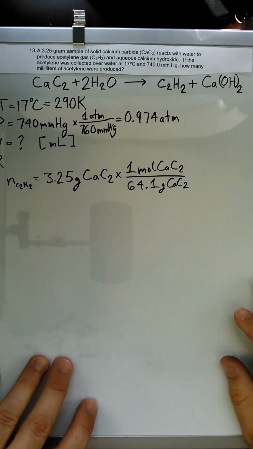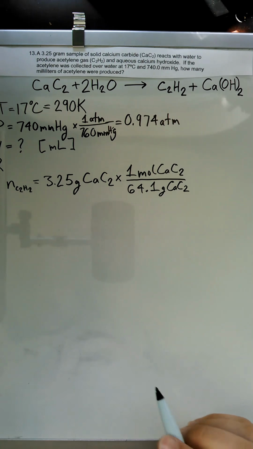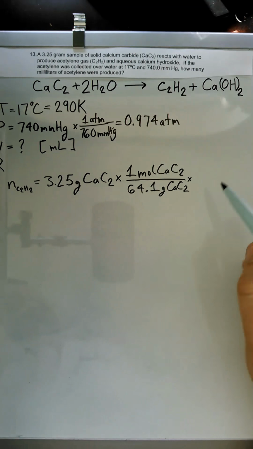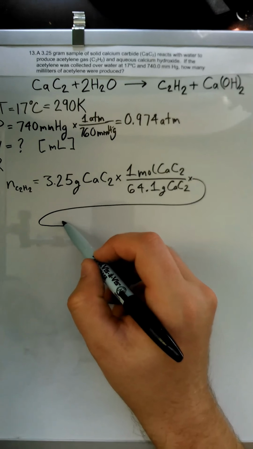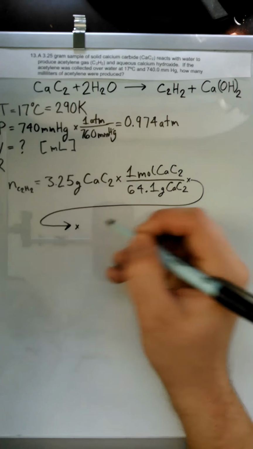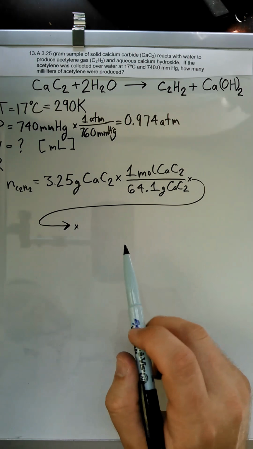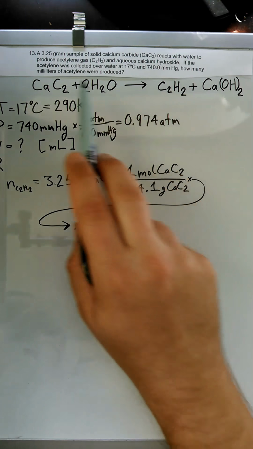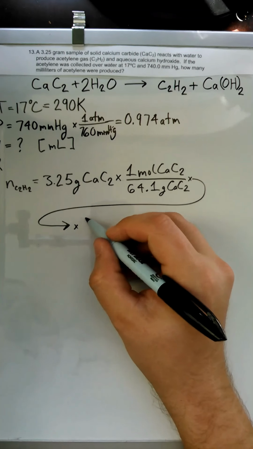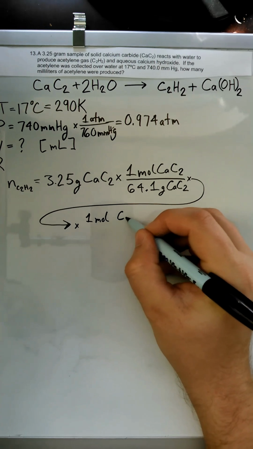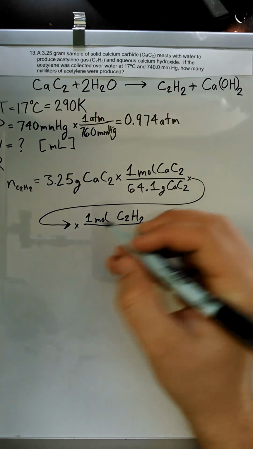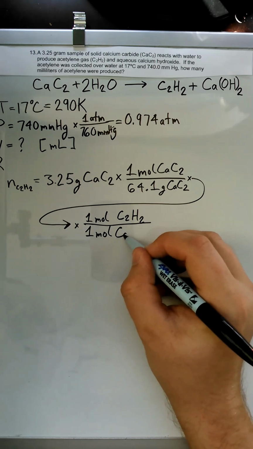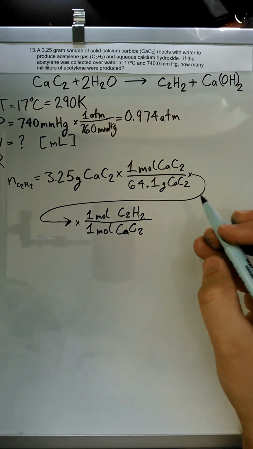We're next going to multiply by the mole ratio to get the acetylene gas. We see we have 1 mole of acetylene produced per every 1 mole of calcium carbide consumed. So we're going to multiply by 1 mole of the C2H2 product we're trying to find and divide by the 1 mole of the calcium carbide consumed.